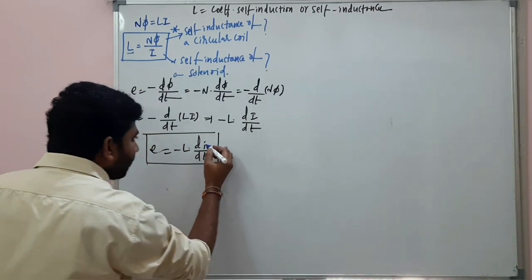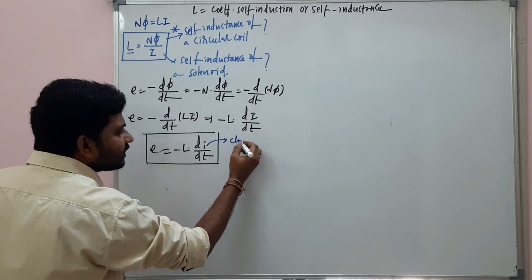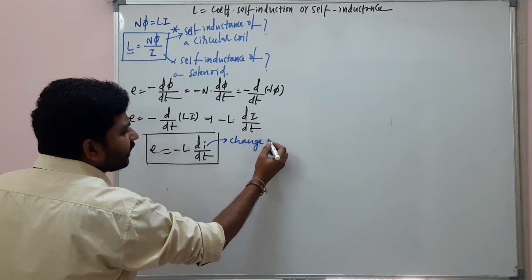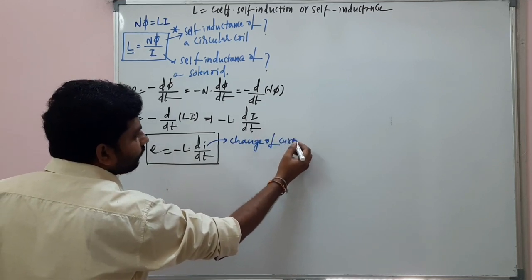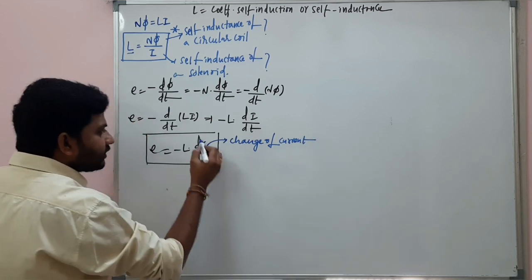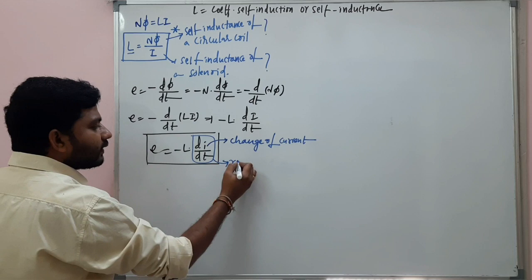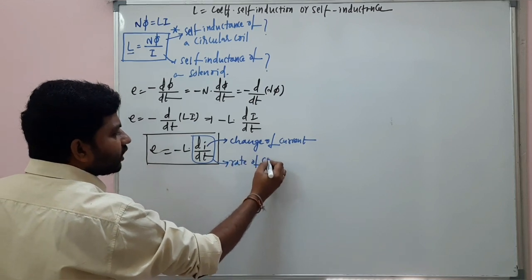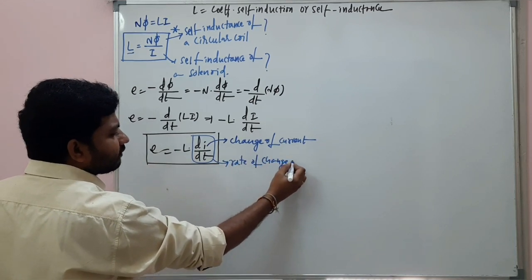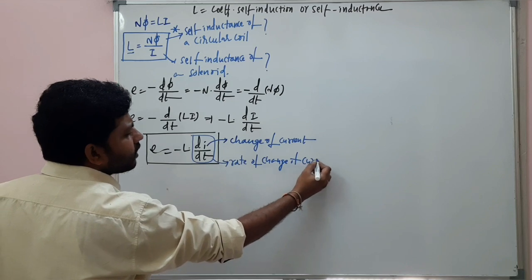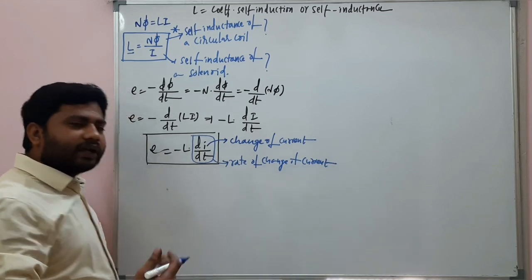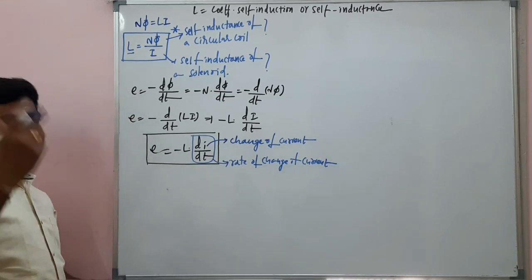I am writing here: this di is change of current, and this di by dt is rate of change of current. No confusion, right? Sometimes questions can be asked on change of current, sometimes on rate of change of current.